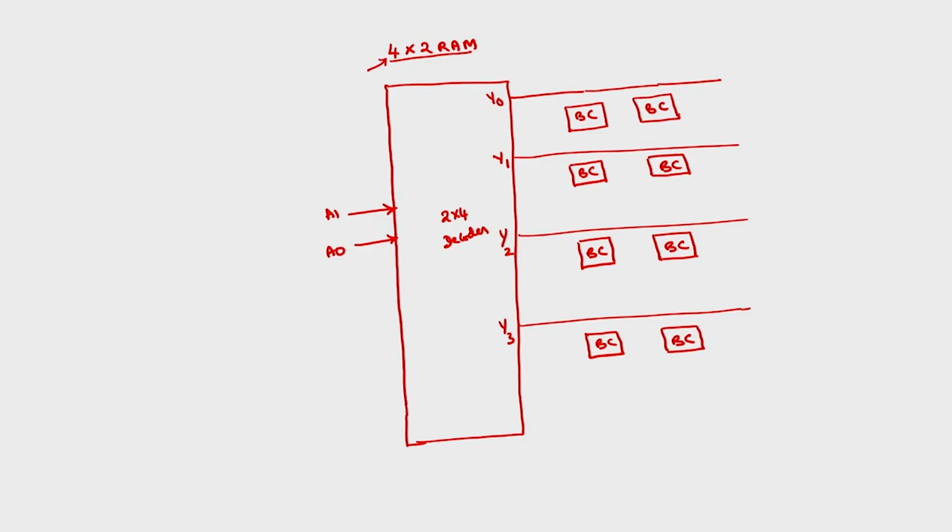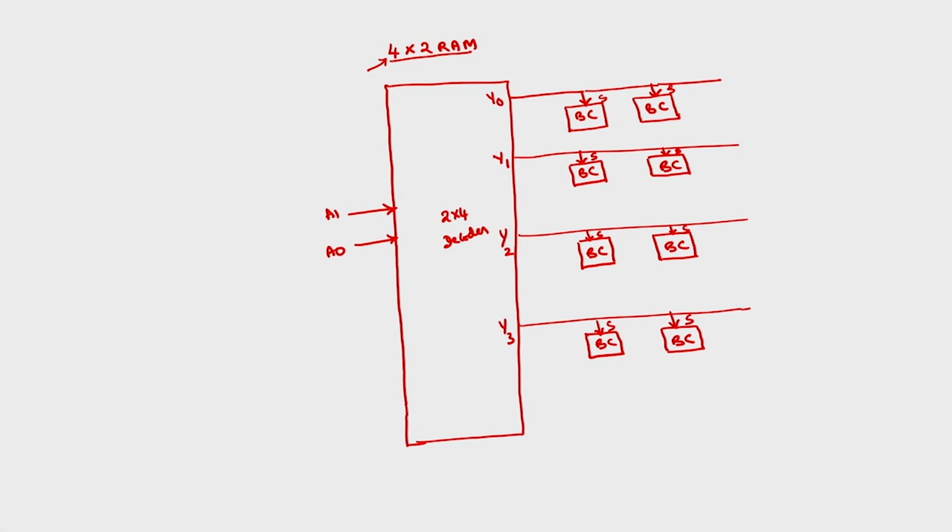Now we know that there are 4 signals. One is the select signal. So the select signal of these has to be connected to the outputs. Here this Y0 has to be connected to the select of this BC as well as this BC. This is the select signal. I will call select as S. Similarly, this has to be connected to select of this BC, this has to be connected to select of this BC. Here this select. Here also this will select this BC, this BC.